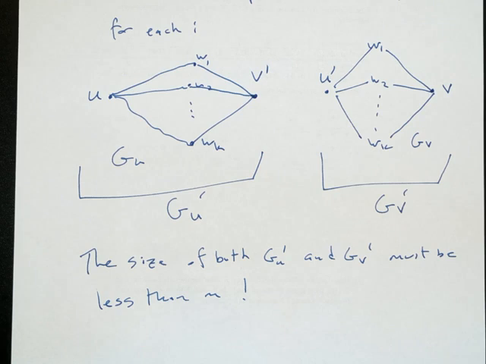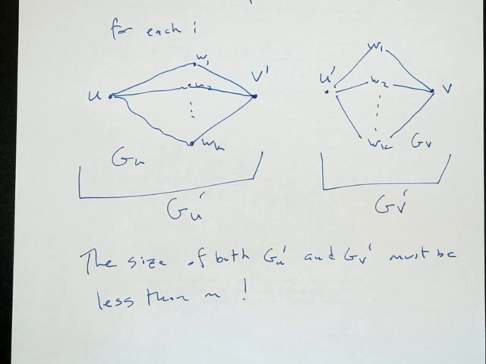I assume my result is true. There must be K internally disjoint paths in GV prime. Same thing in GU prime. There must be K internally disjoint paths from U to V prime. Internally disjoint paths over here are from V to U prime, aren't they?